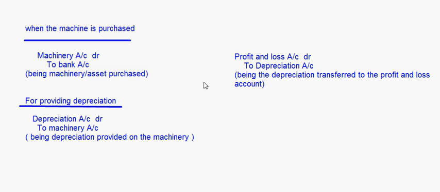Okay, these are the three entries that have to be made: when the machine is purchased, for providing depreciation, and for transferring the depreciation to the profit and loss account, right?